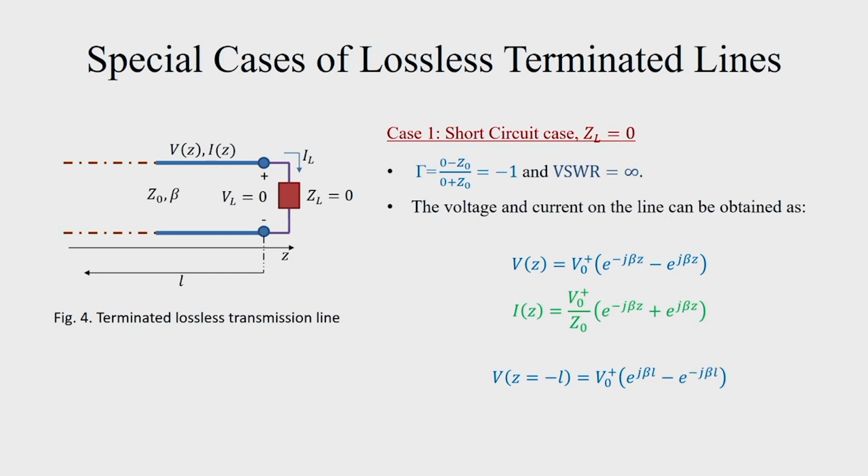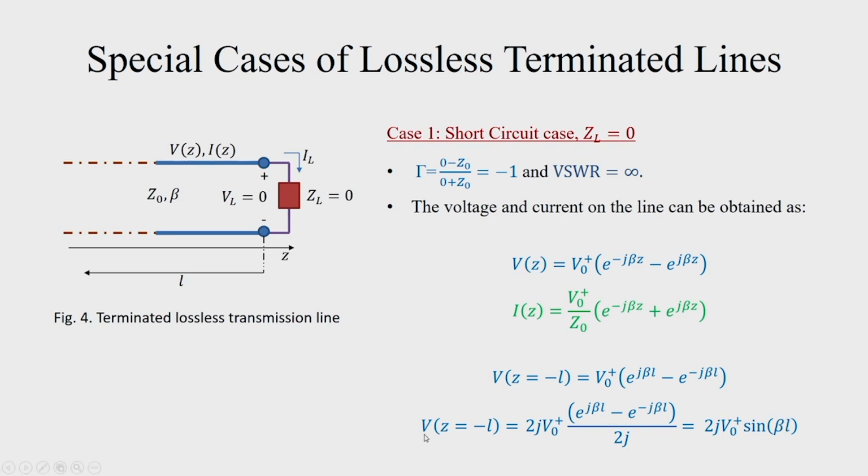Now, if we consider a distance -z equal to L, we can write V(z = -L) equal to V0+ e^(jβL) minus e^(-jβL), and this term can be rearranged.